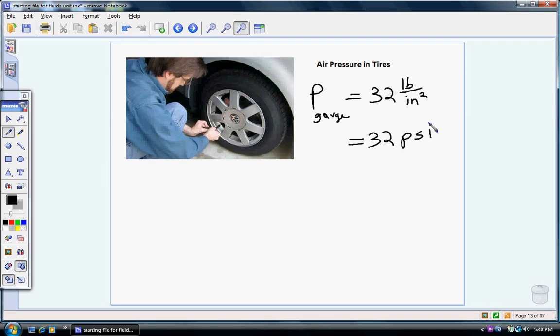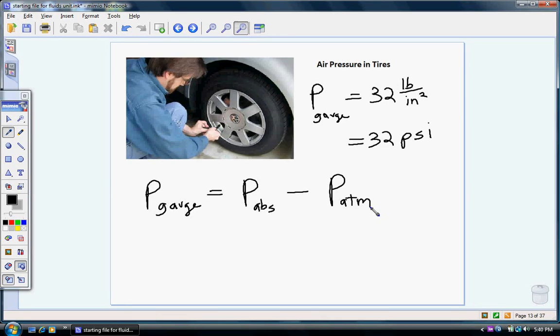That's not the actual pressure of the air inside the tire. If you wanted to calculate the actual pressure, you'd have to use the relationship, the gauge pressure equals the absolute pressure minus the atmospheric pressure.